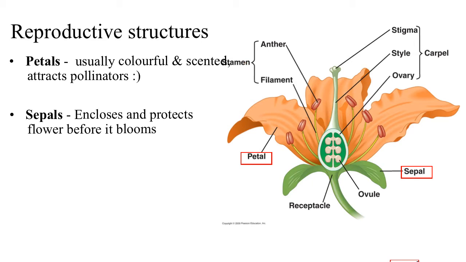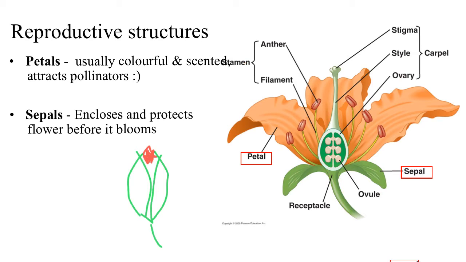The other structure that you may be familiar with is the sepal. The sepal is the sort of green structure that is around a flower bud. And so it just helps to protect that flower bud before it blooms.